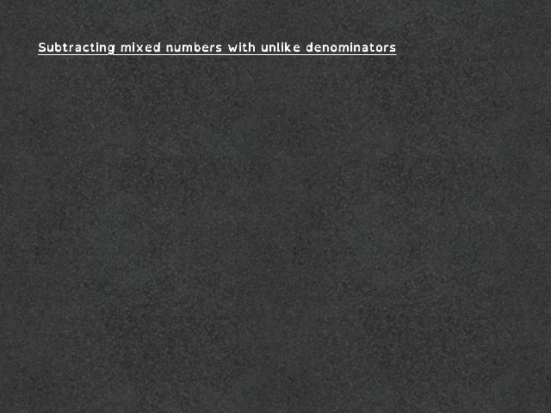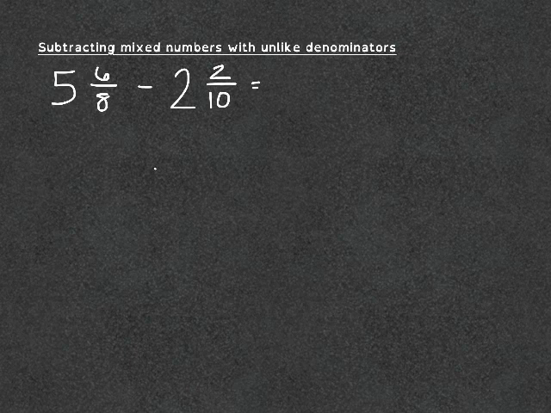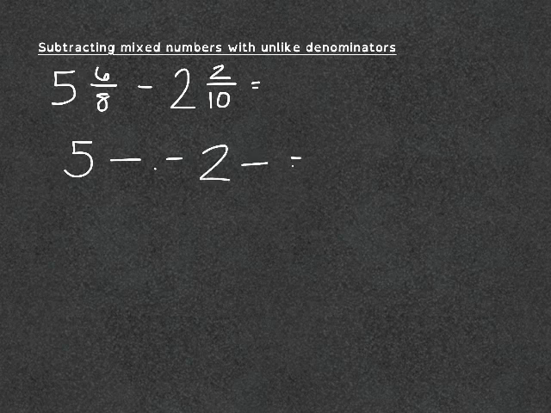Now we are going to be subtracting mixed numbers with unlike denominators. So we have 5 and 6/8 minus 2 and 2/10. So I'm going to rewrite this with my whole numbers. We have to ask ourselves, what can both 8 and 10 get to?